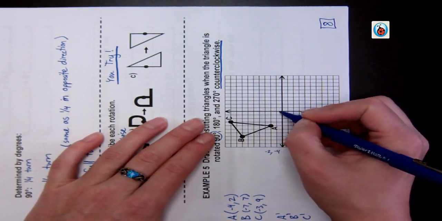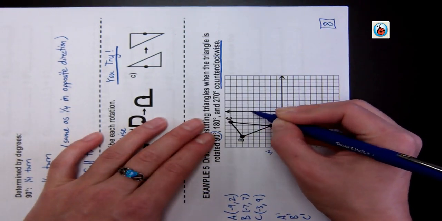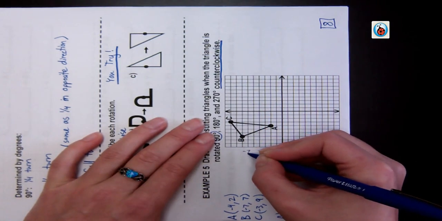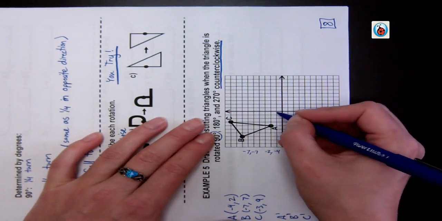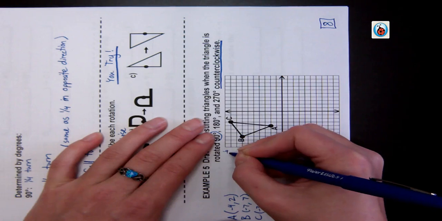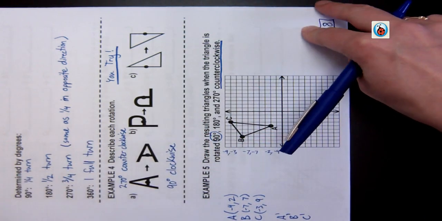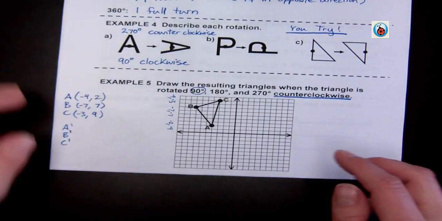B now is -7 and -7. And C is -9 and -3. So I write those numbers in here.